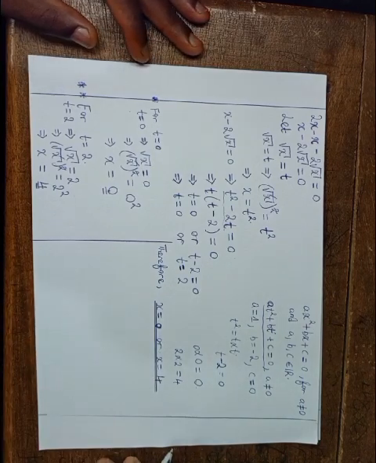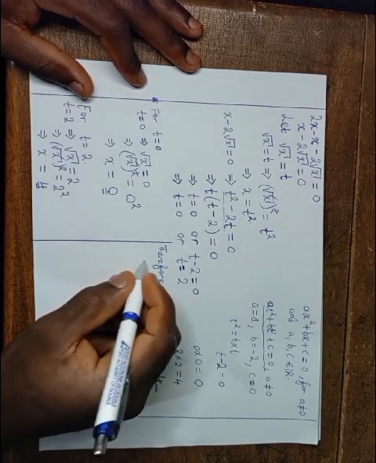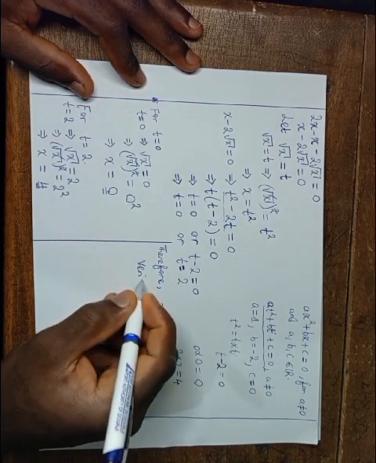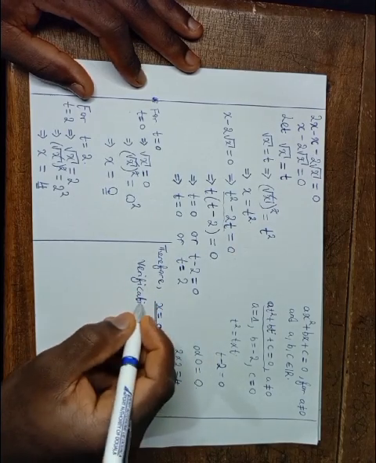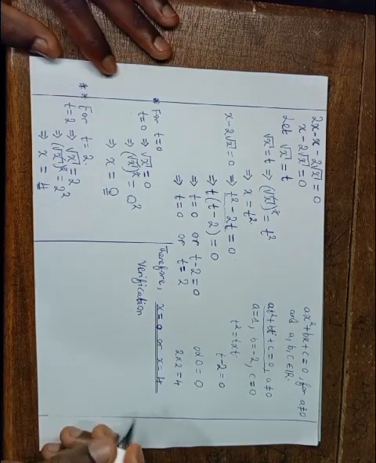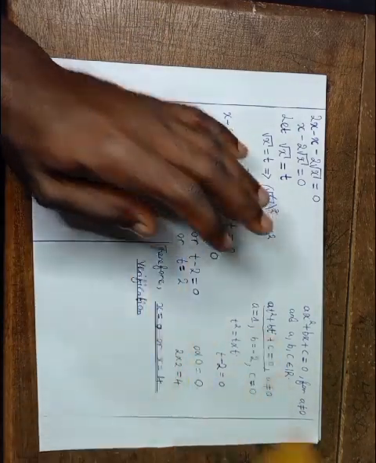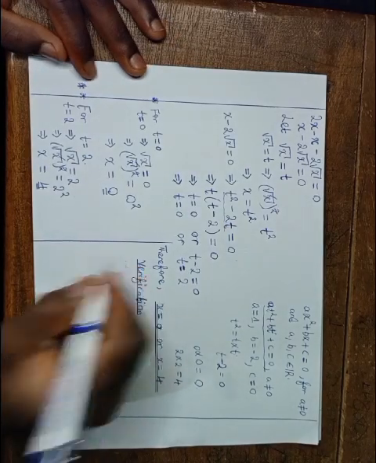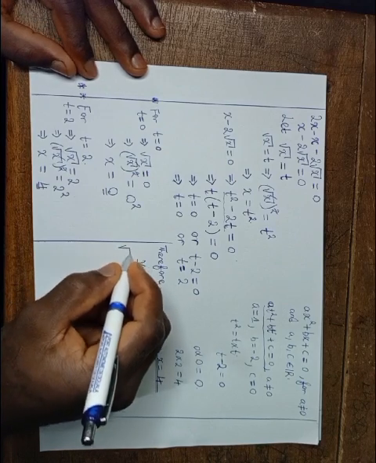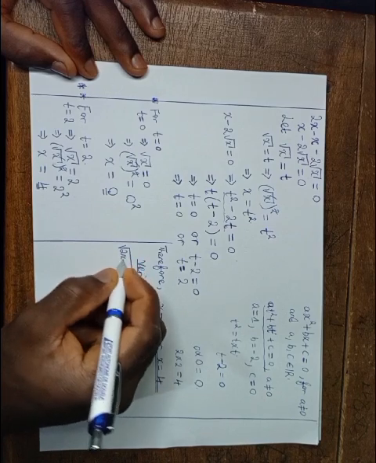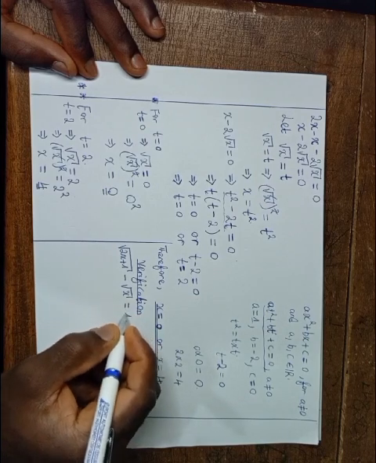Now let's verify to see if our solution is correct. I'll just write down verification. Remember, we had the problem, the equation: the root of 2x plus 1 minus root x is equal to 1.